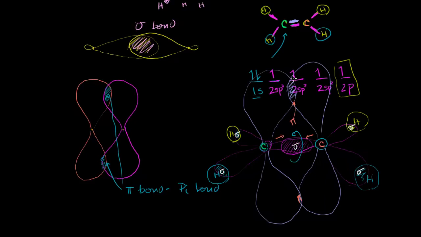So what this pi bond does is it means that the double bonds are going to be rigid. You can't have one carbon flipping, swapping these two hydrogens, without the other one having to flip with it. So you wouldn't be able to swap configurations of the hydrogens relative to the other side. That's what it causes. So hopefully that gives you a good understanding of the difference between sigma and pi bonds.